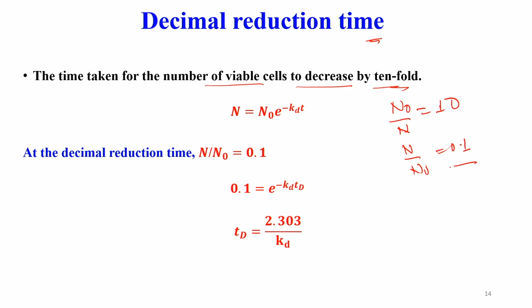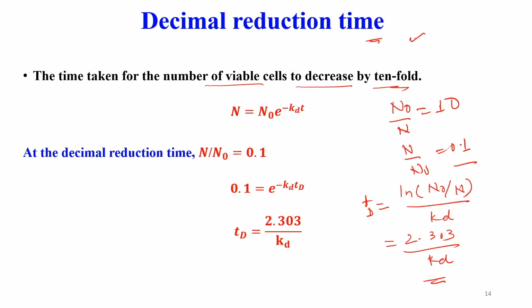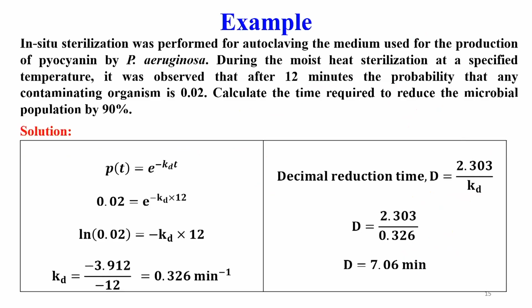So we already know Td will be ln n naught upon n divided by kd. Then this becomes 2.303 upon kd, that is it. So if decimal reduction time is given, we can quickly understand its significance, and it enables us to calculate the value of Kd.